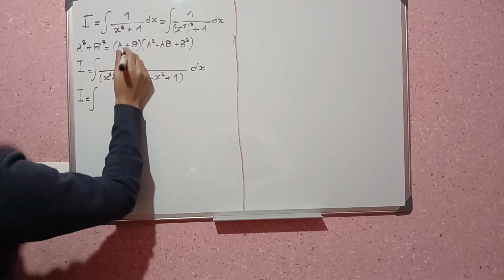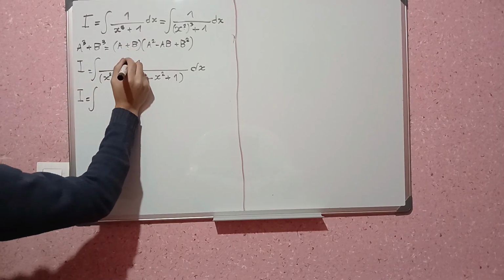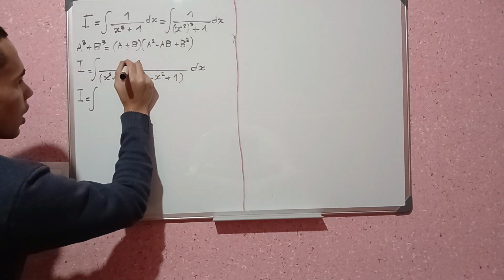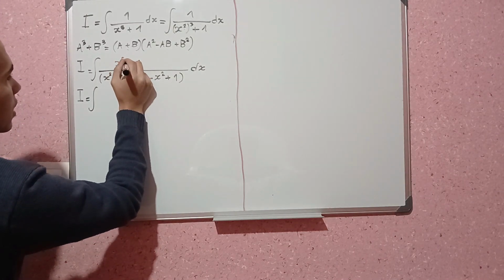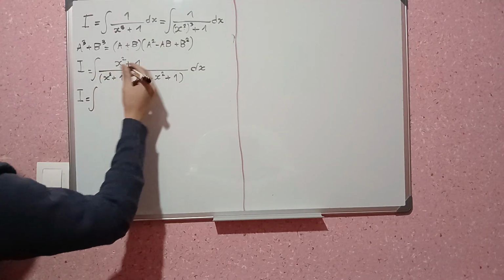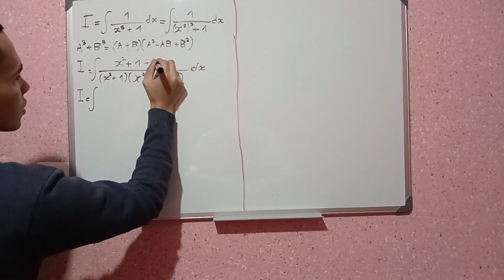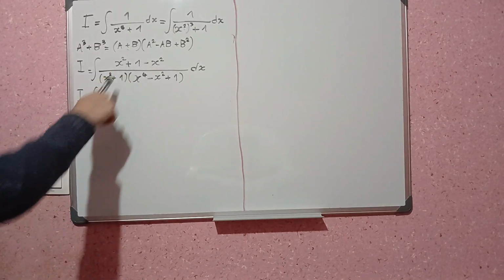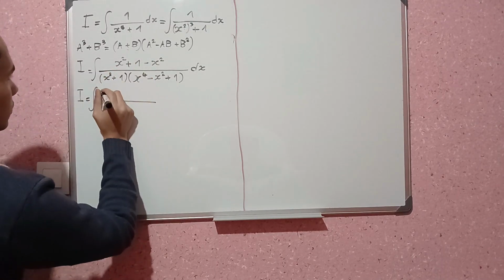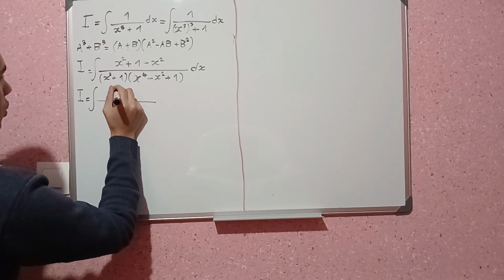Would it be nice to have an x squared like that? So let's do it. Add x squared and subtract x squared, so that you have x squared plus 1.